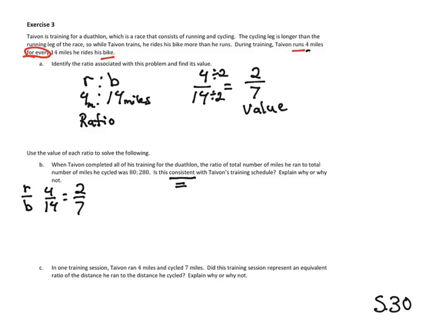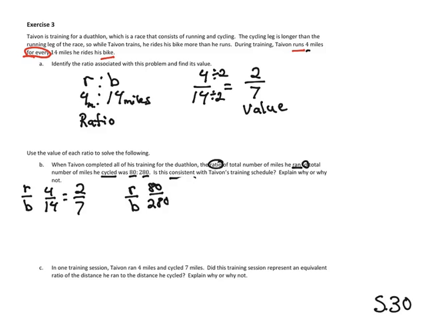This new one he ran and biked was 80 to 280. And since running came first, and there's our ratio, and cycling came second, 80 goes with the running, 280 goes with the cycling. So what we need to do is see if these are the same. What we just learned on the previous page is that if we find out what the simplest form is, and it's the same as the original simplest form, we will be all set.